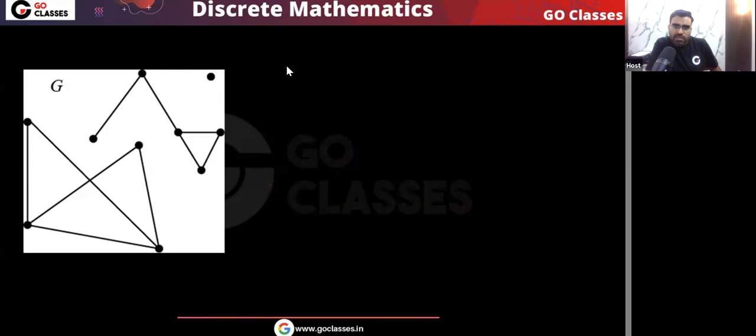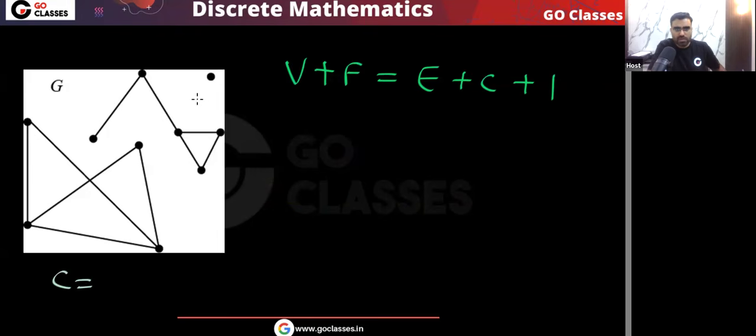You already know that the Euler formula means V plus F is equal to E plus C plus 1. Tell me, in this graph, what is the number of components? You can see 1, 2, 3. Number of components is 3. Number of vertices: 1, 2, 3, 4, 5, 6, 7, 8, 9, 10.